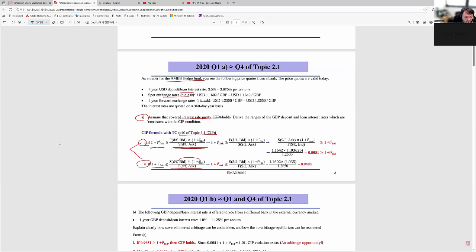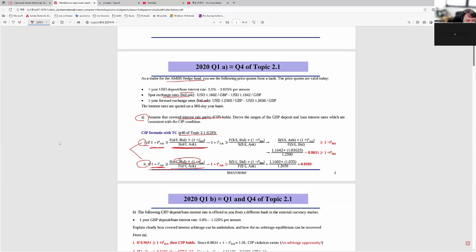So this is what you get after 1 year, and you convert that back into currency F. So eventually the left-hand side is what you have to pay back after 1 year, and the right-hand side is what you get after 1 year. This means if you have to pay back more than what you earn after 1 year, then you're not going to implement the CIP arbitrage strategy.